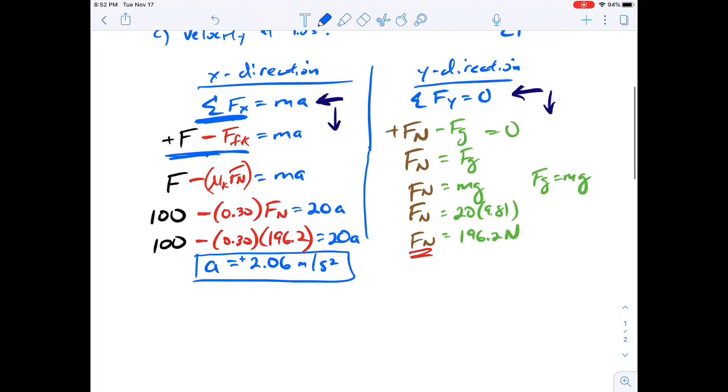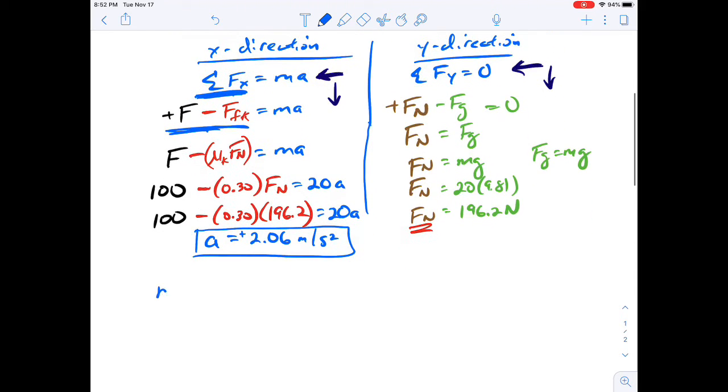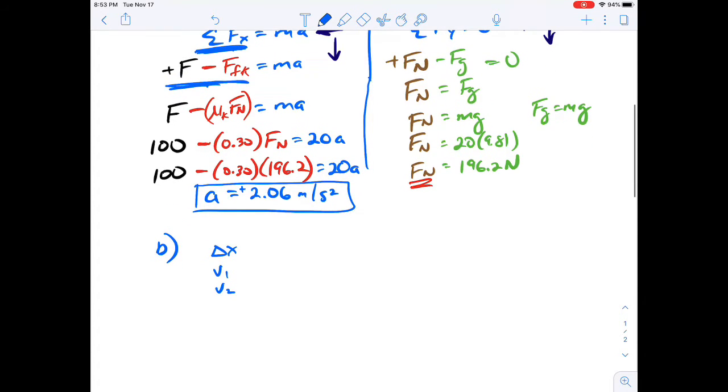So in B, I'm asking about the distance traveled. And so, again, this is an acceleration situation. So we know delta x, we know v1, v2, acceleration and time.